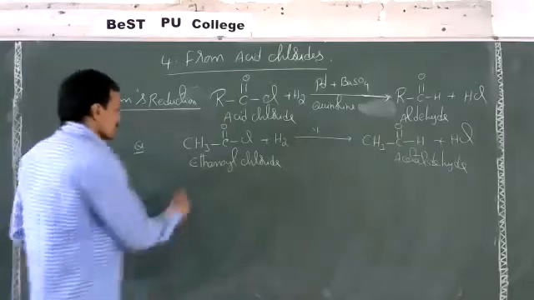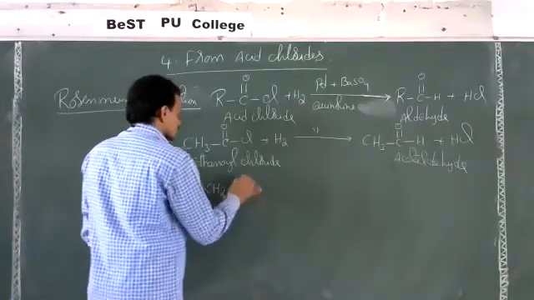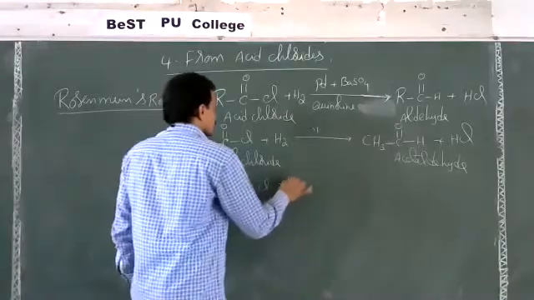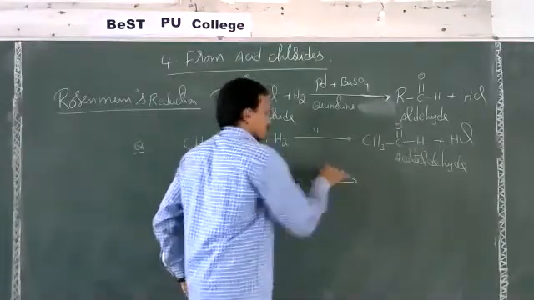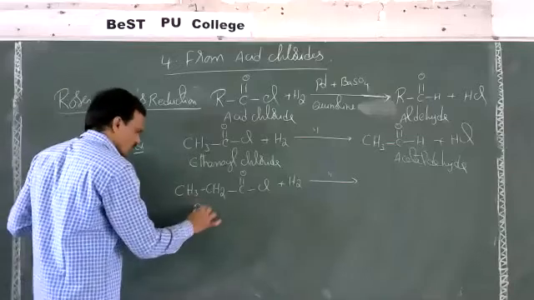Like that we can prepare some others also here. CH3CH2COCl. Reduction in the presence of Lindlar's catalyst. What is the name of this compound? 3 carbons are there. Now this is propanoyl chloride.